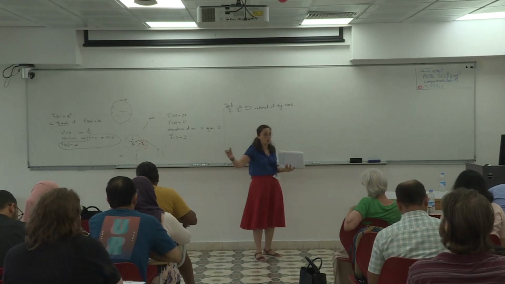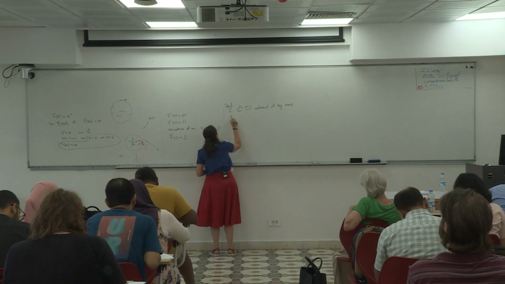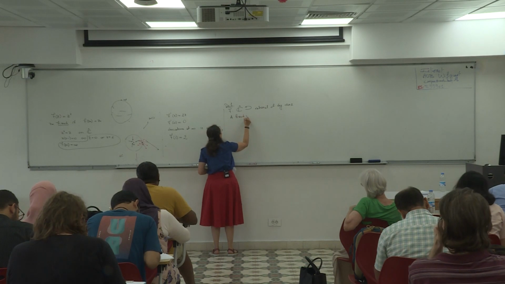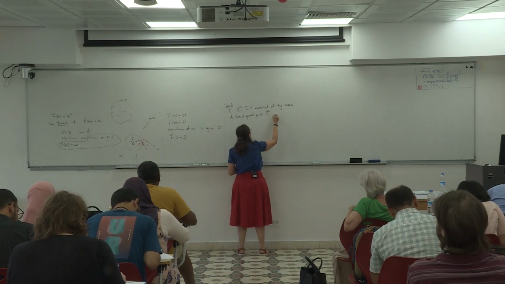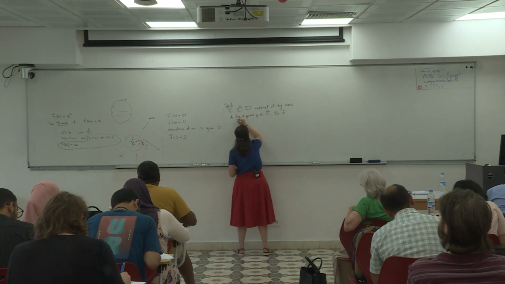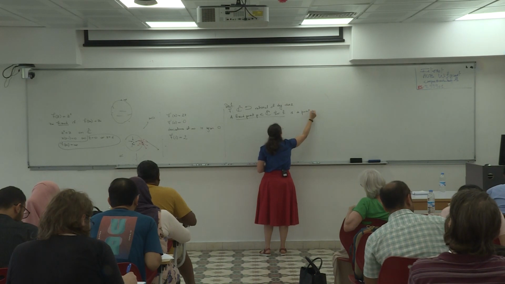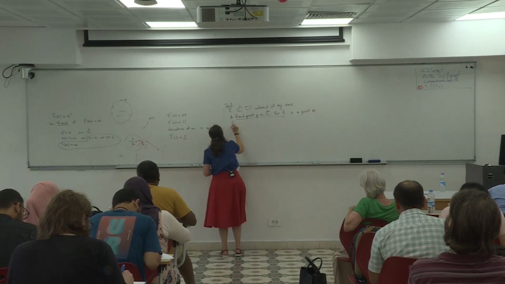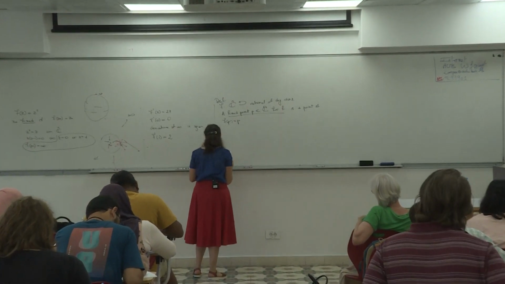The same definition holds, because this is going to be a local definition. So a fixed point p in C hat for f is a point such that f of p is equal to p. All right, that was easy.